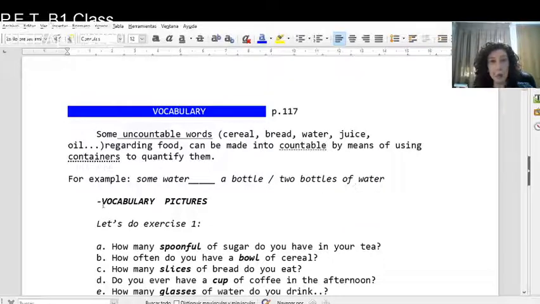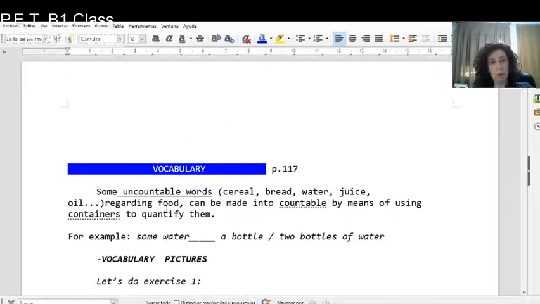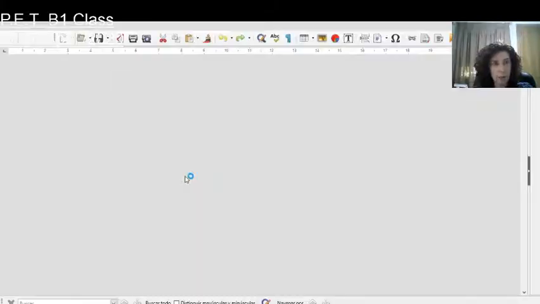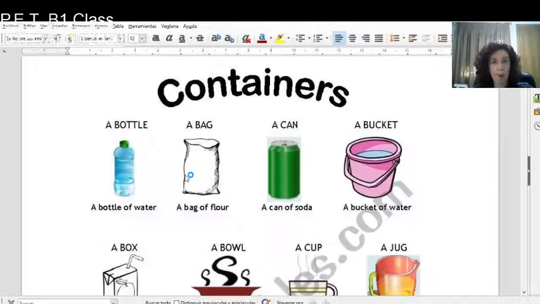Then we are going to deal with what kind of containers. Now I'm going to show you the vocabulary you should take into account. Wait a minute, and here I get ready for you. Containers: depending on the product, you could use different containers.